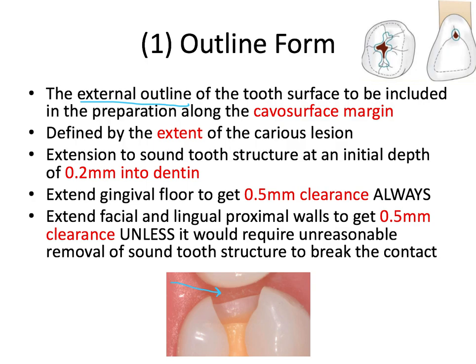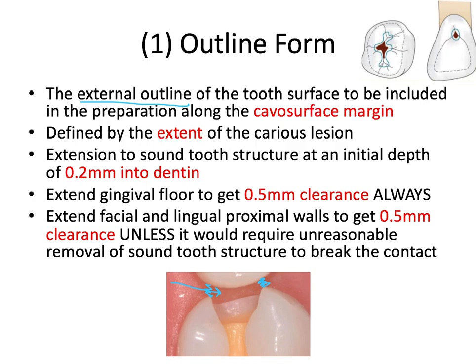So it's a good rule of thumb to get at least 0.5 millimeter of clearance to help with your restoration process. You can also extend the facial and lingual proximal walls to get 0.5 millimeters of clearance that way. So that's talking specifically about breaking these contacts between that part of the prep and the adjacent tooth. Gingival clearance was talking about this space down here specifically.